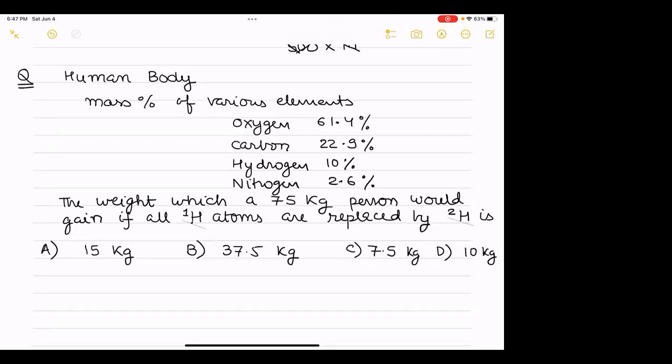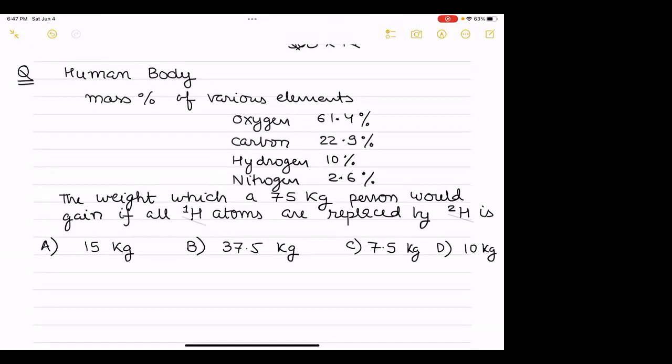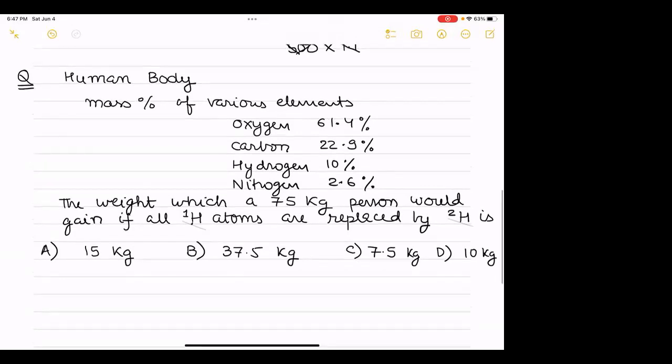So this question was there in JEE Mains 2017. Now you can have this question in subjective form also, in which you need to write the values. So how much will be the change in mass of a person?